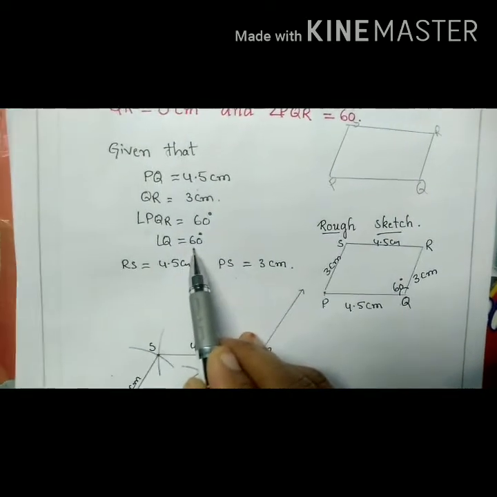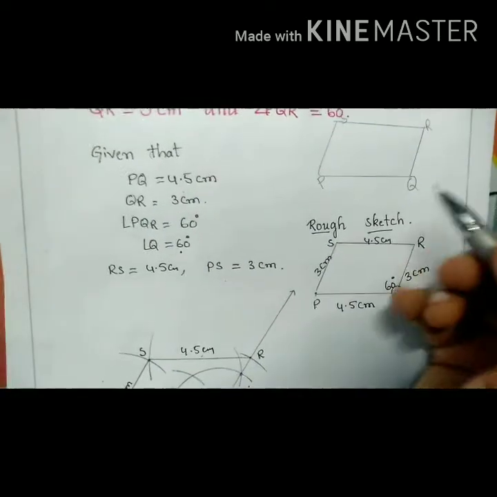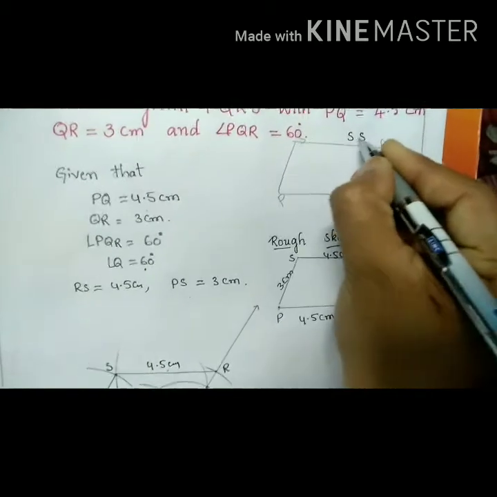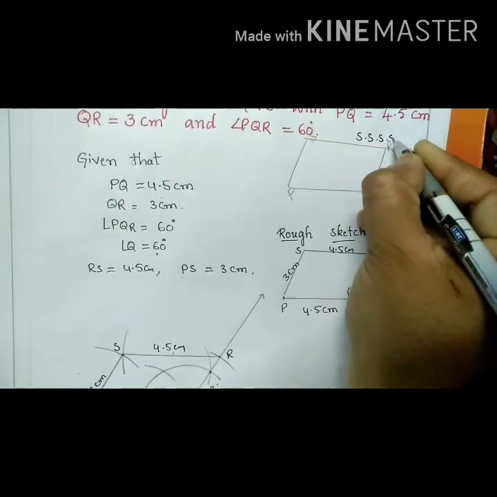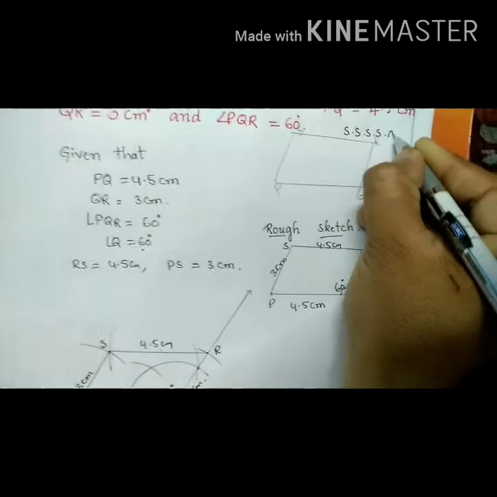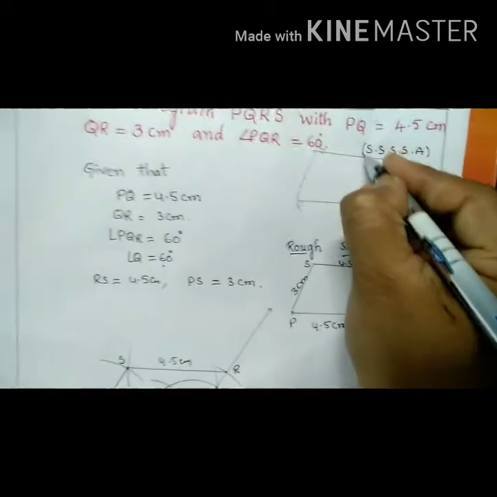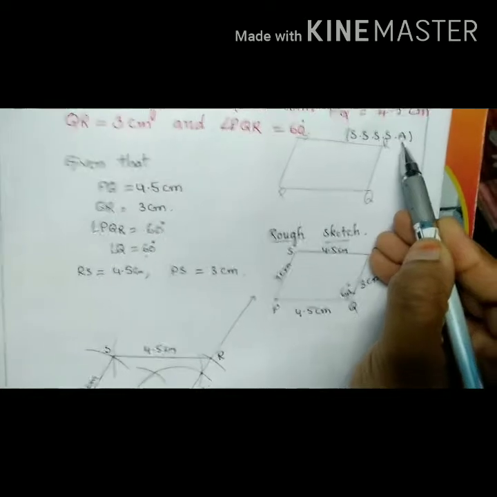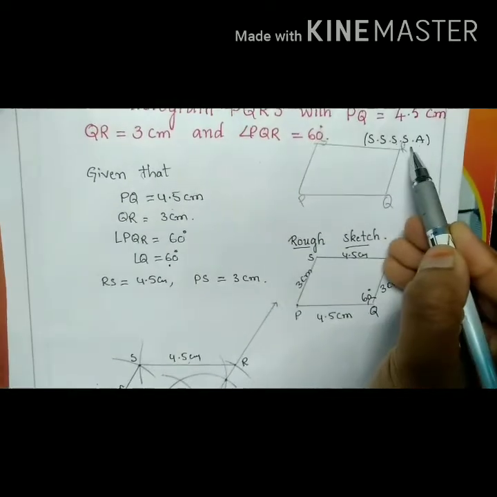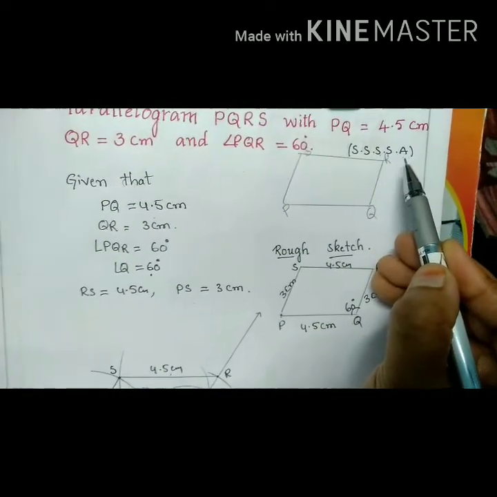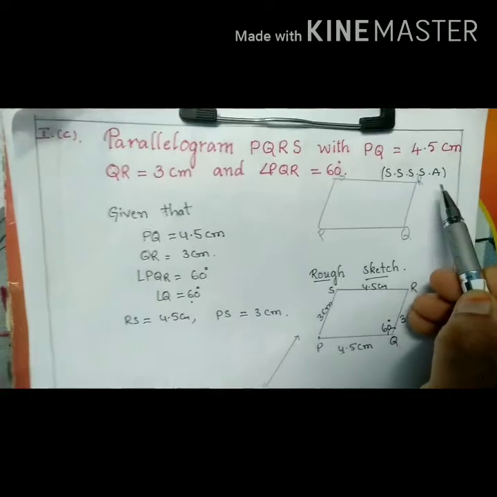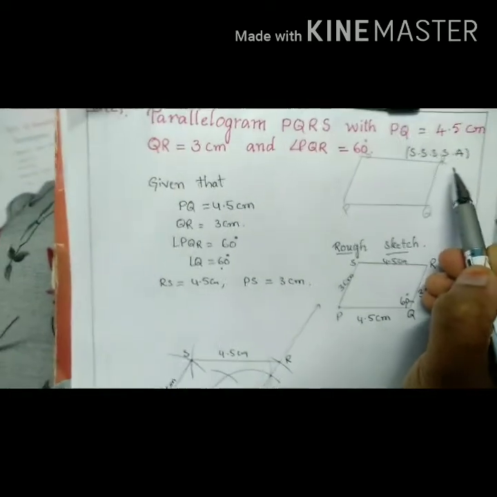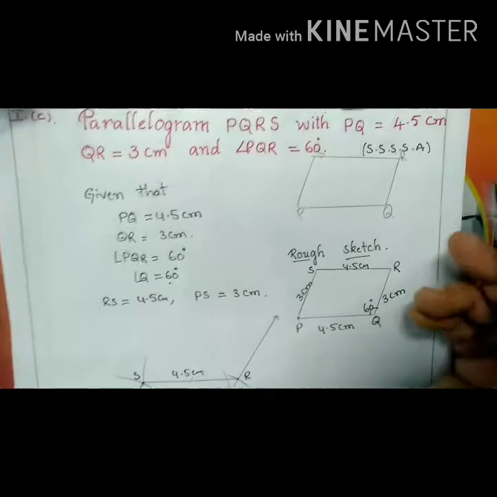So it is a side and angle property. Did you understand? 4 sides and 1 angle. That is the construction of a quadrilateral. There are 5 main steps, and that is the first one only, children.